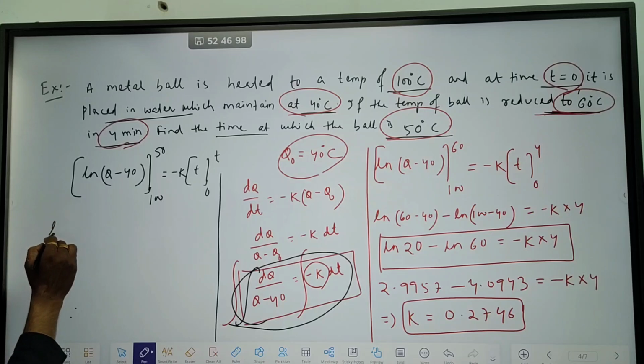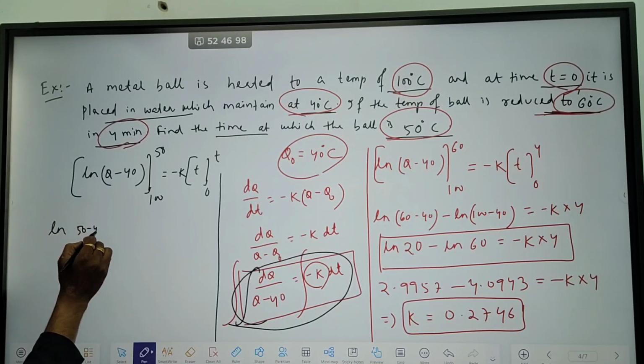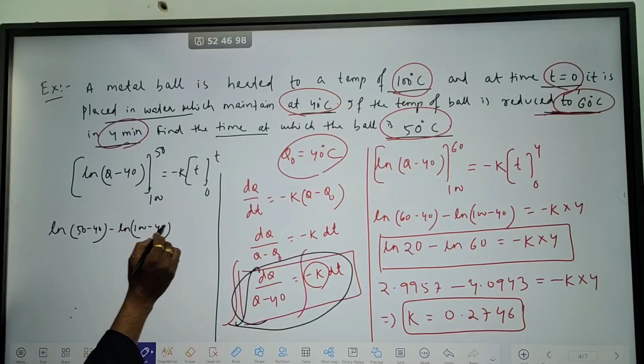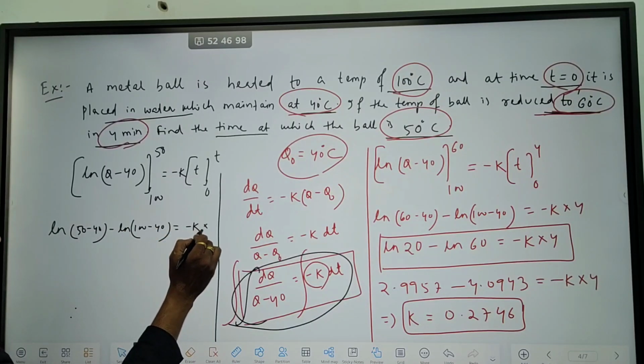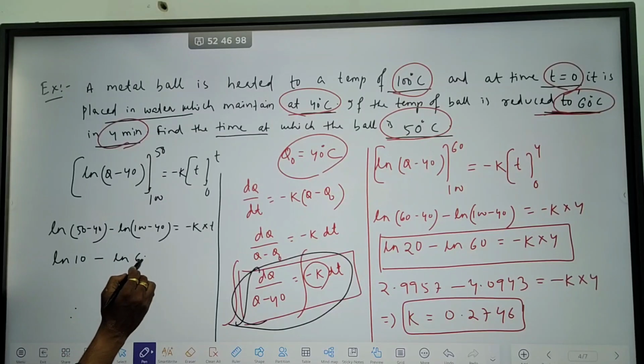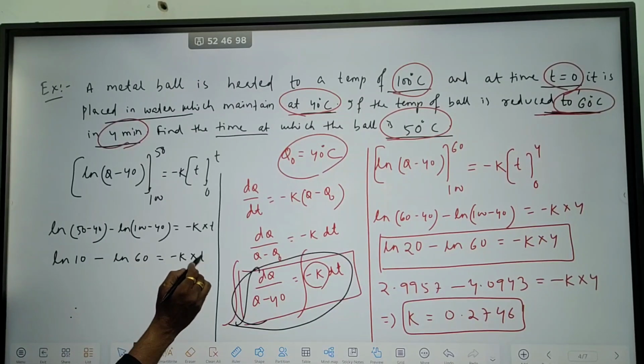Okay. So here ln(50 - 40) minus ln(100 - 40) equals -k into t. So it is ln 10 minus ln 60 equal to -k into t.